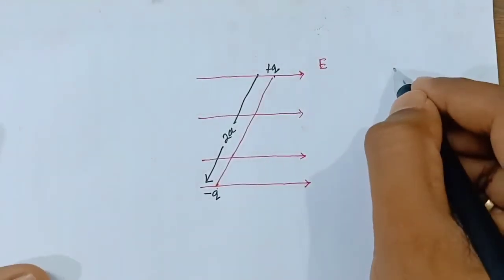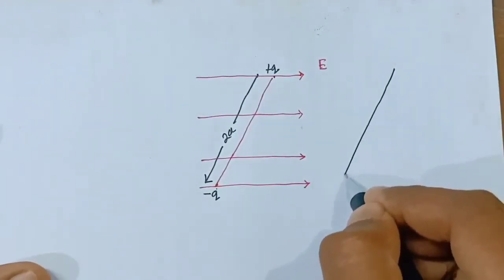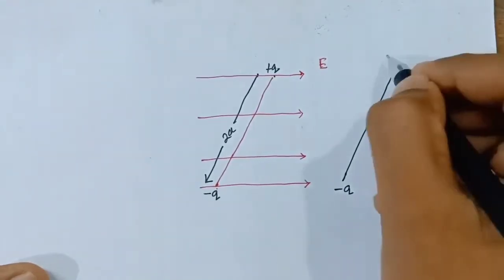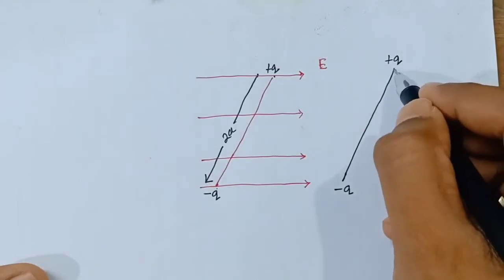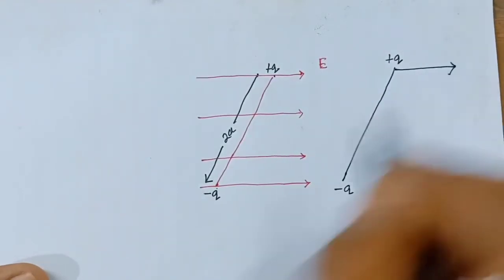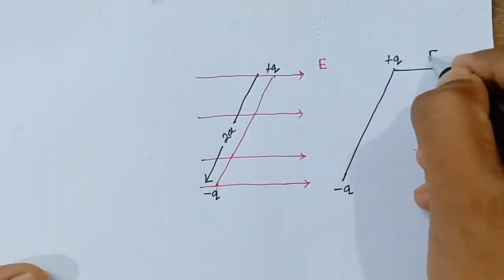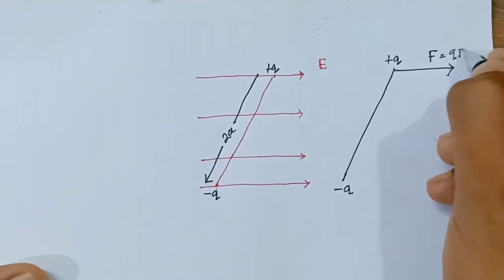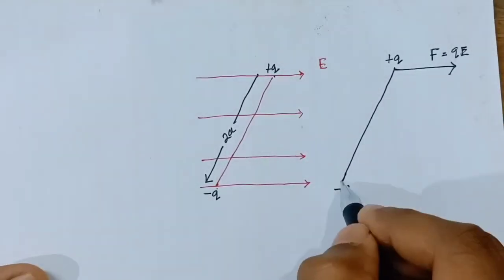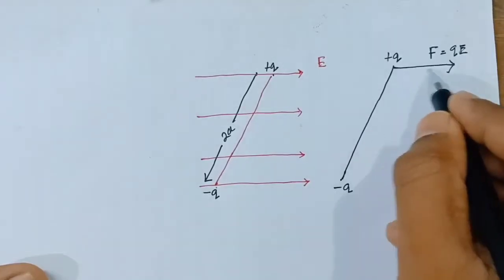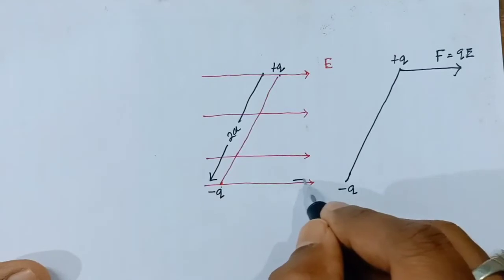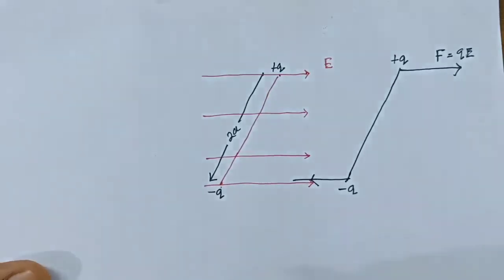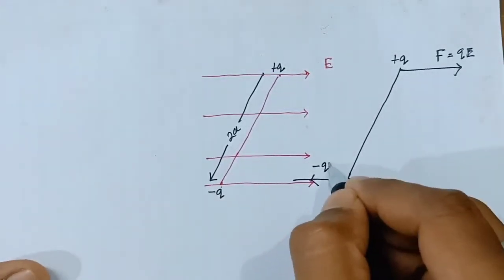This is my dipole, with positive and negative charges. The positive charge will experience a force like this, and the expression of the force is qE. The negative charge will experience a force in the opposite direction, and the expression is minus qE.